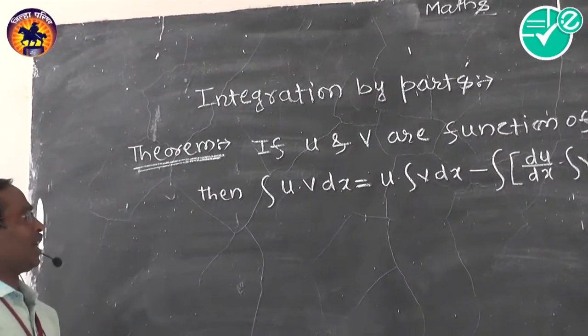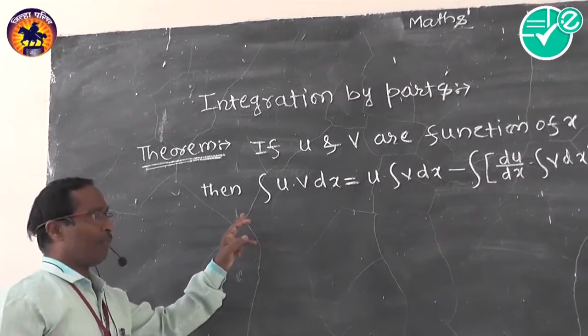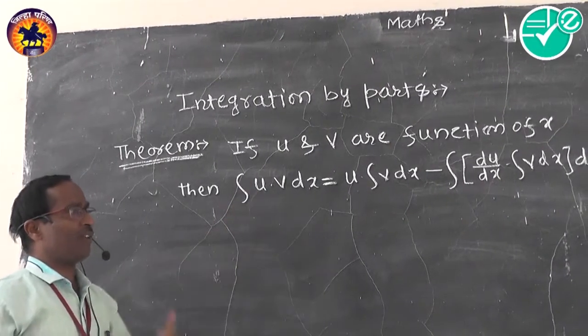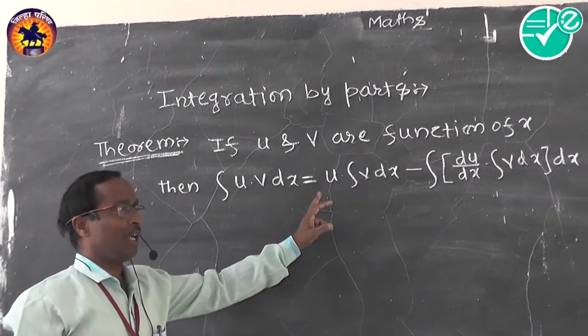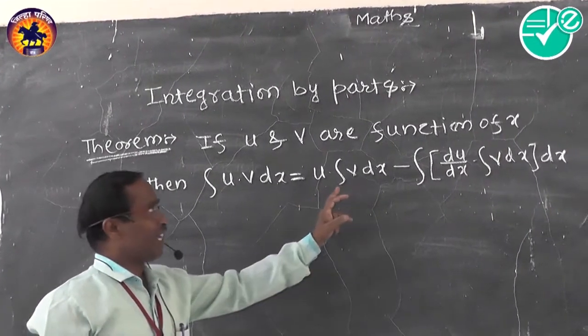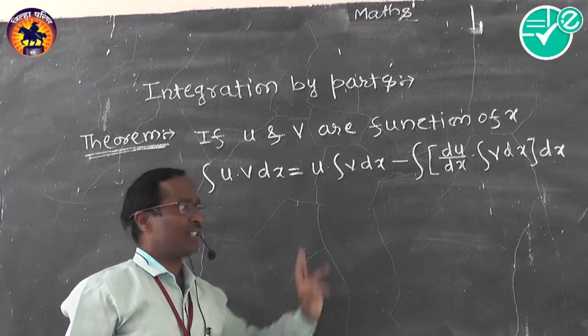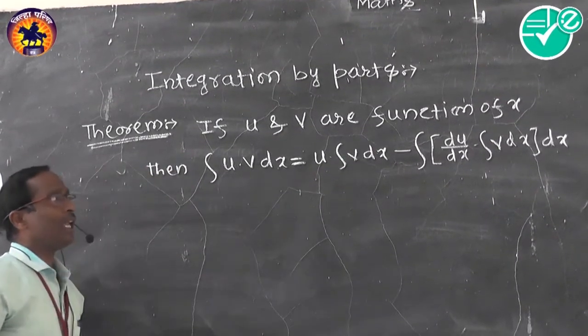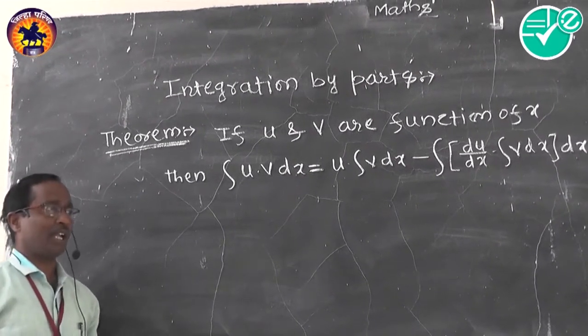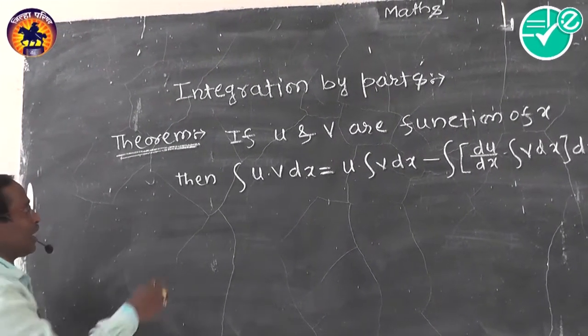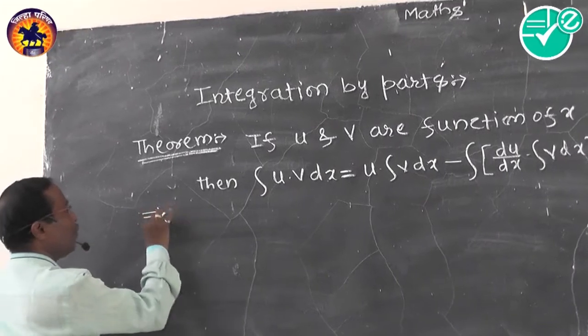In other words, the integral of the first function into the second function with respect to x is equal to the first function kept as it is, integration of the second function, minus the integral of the derivative of the first function into the integral of the second function with respect to x. Now how can we prove this?